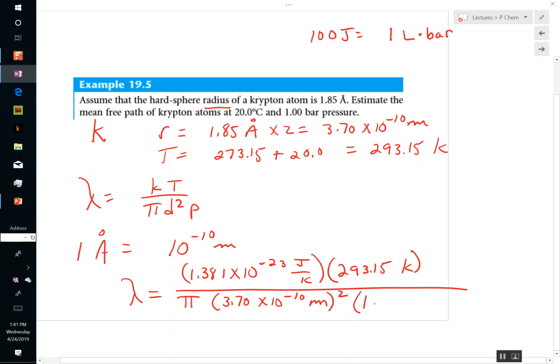And this is at 1 bar. So you can multiply this by 1 liter bar per 100 joules. That's a conversion factor the author has here.